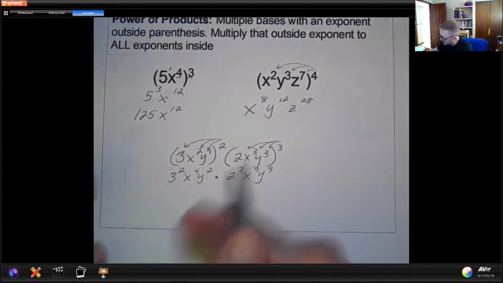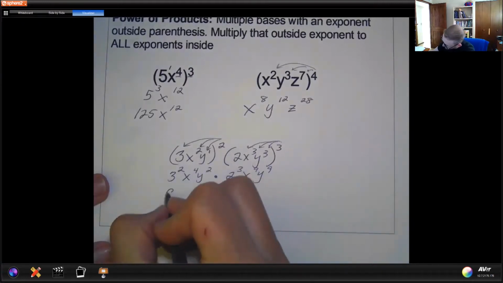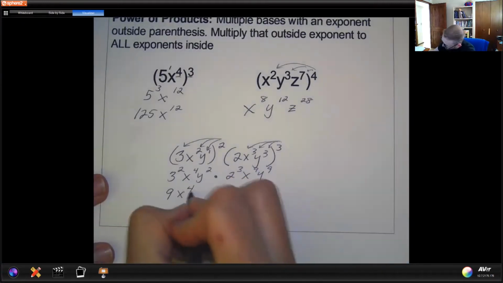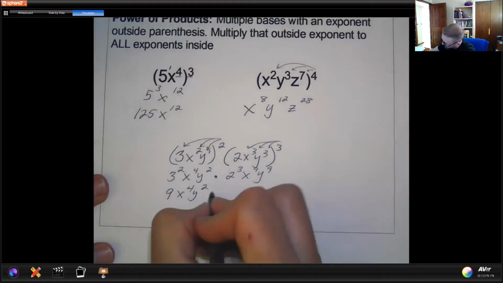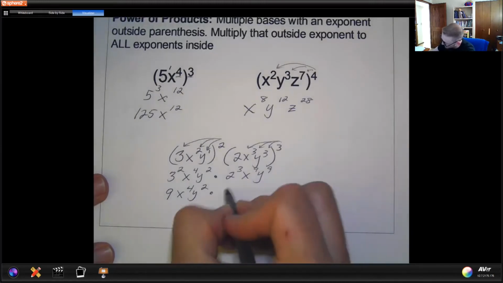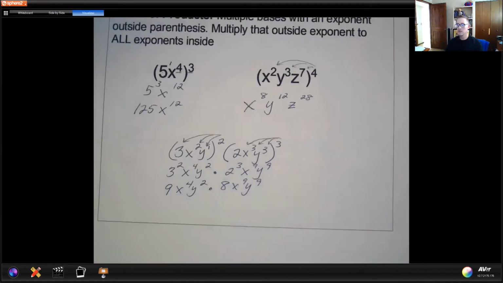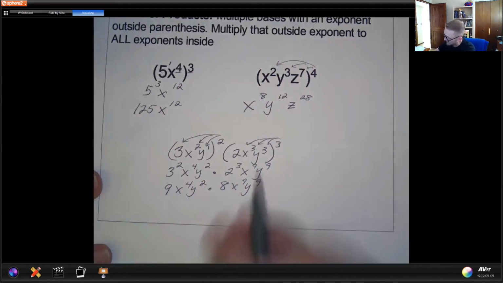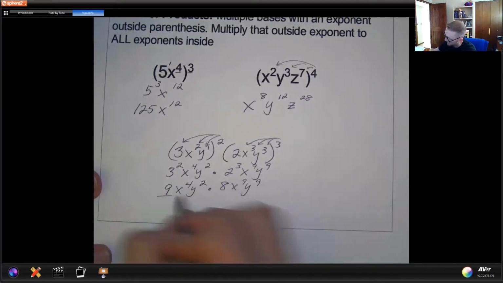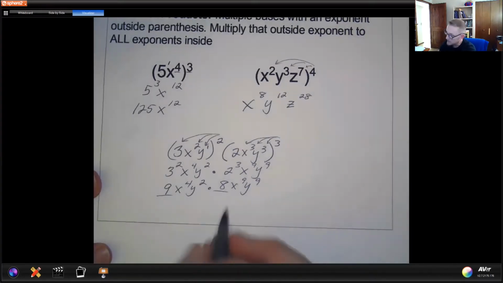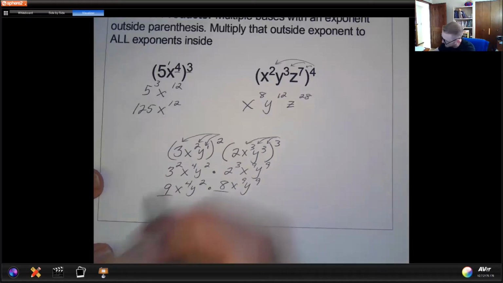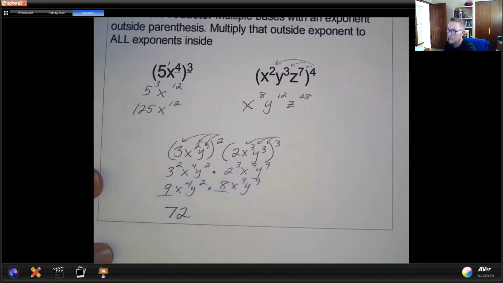Now let's clean things up. This becomes 9, x to the fourth, y to the second, times 2 times 2 times 2 is 8, x to the 9th, y to the 9th. And now let's go back to part 1 of this entire lesson. I have to multiply, and I have things with the same base, and I have coefficients in front. So let's take the 9 times the 8 that's in front and get 72.